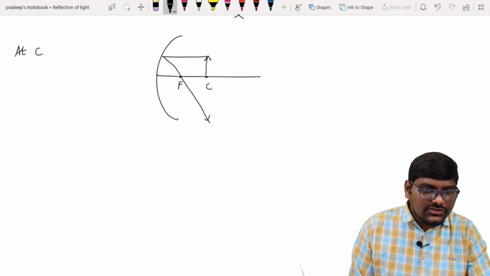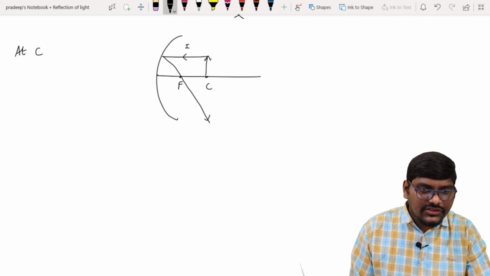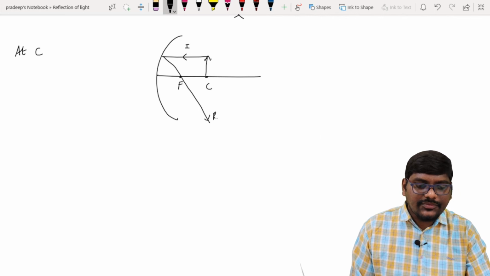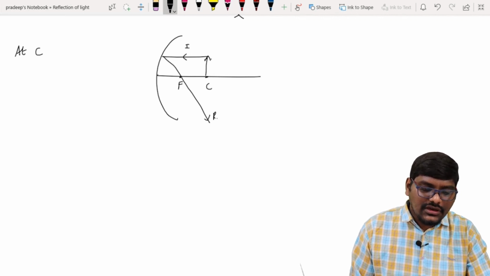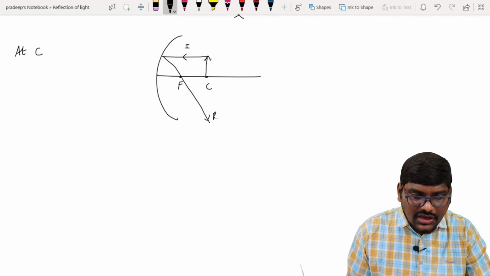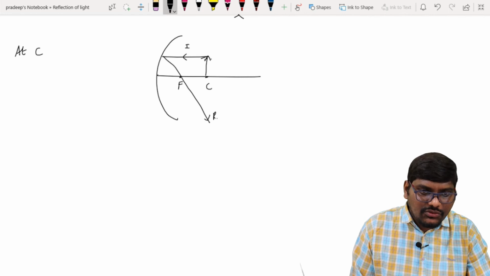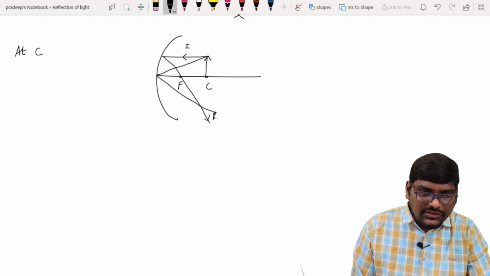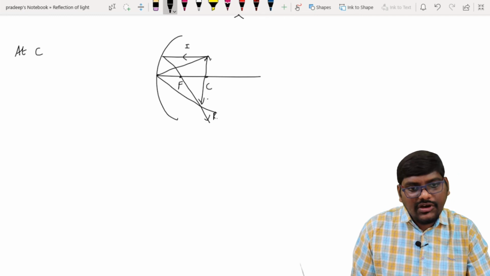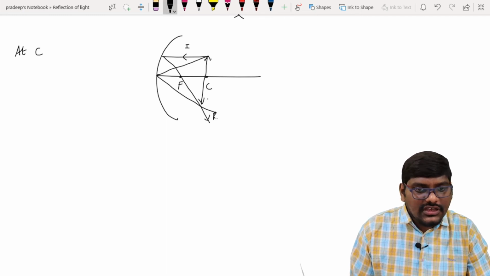This is the incident ray and this is the reflected ray, right? One thing we have to understand: this is the object and this is the first ray. The second ray passes through the pole, touches the pole, and passes through again at the same position of the center of curvature. See here, these both are forming at the same positions.